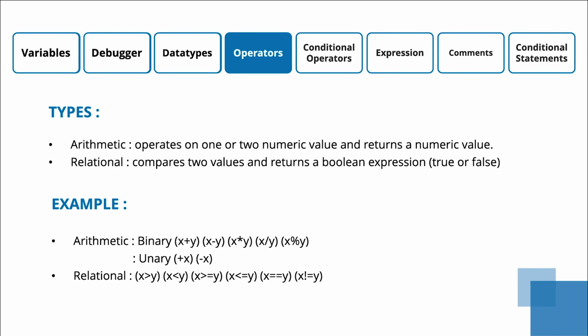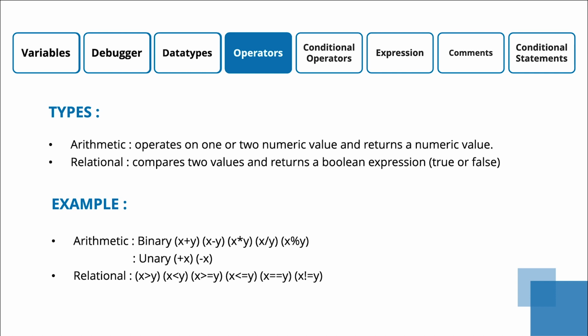Now, in the case of a unary, it just uses one variable, which is plus x or minus x. Ideally, if you remember, the plus x doesn't have any effect on the value itself, but it's still there for whatever reasons, right? All right, so arithmetic operators, we have binary and unary.